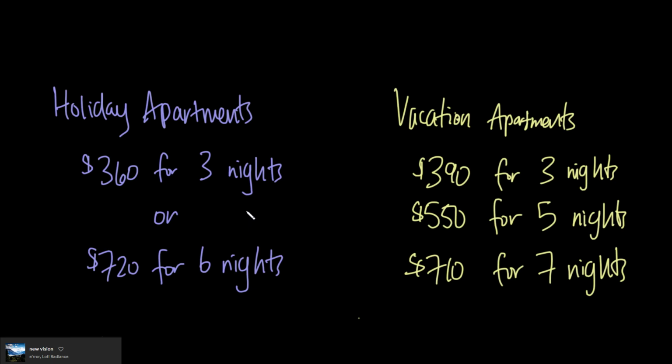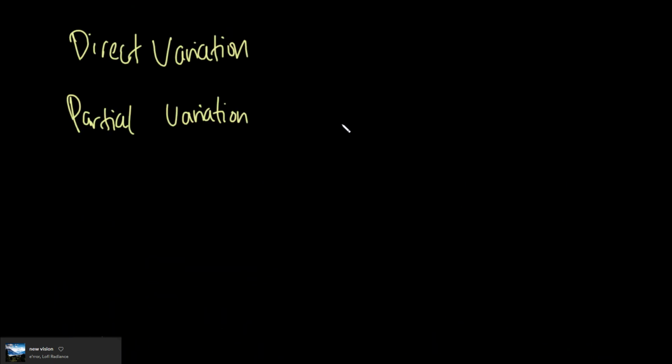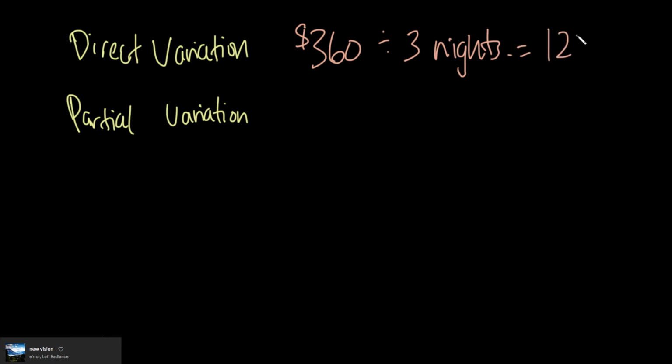So per every 3 nights is $360. We can say that for holiday apartments, every night, 360 divided by 3 nights is $120 per night.